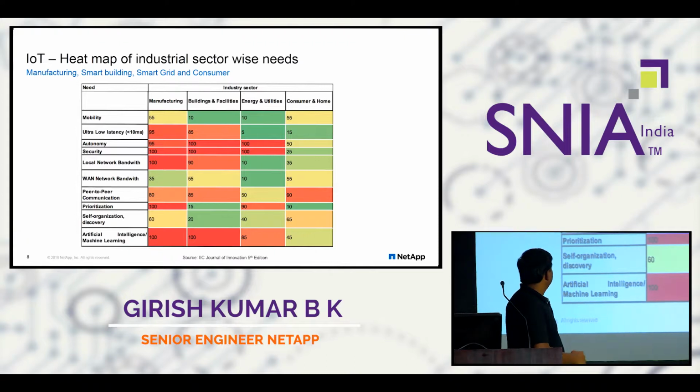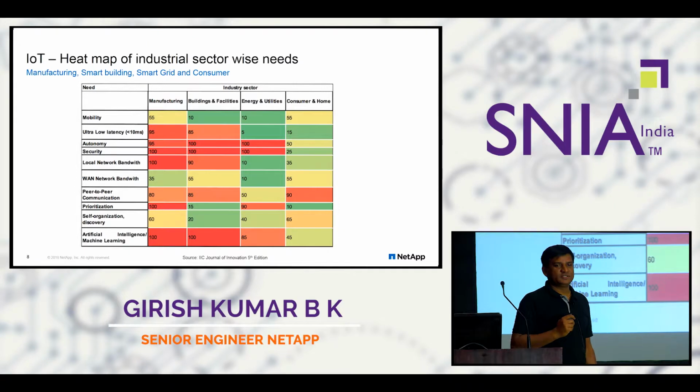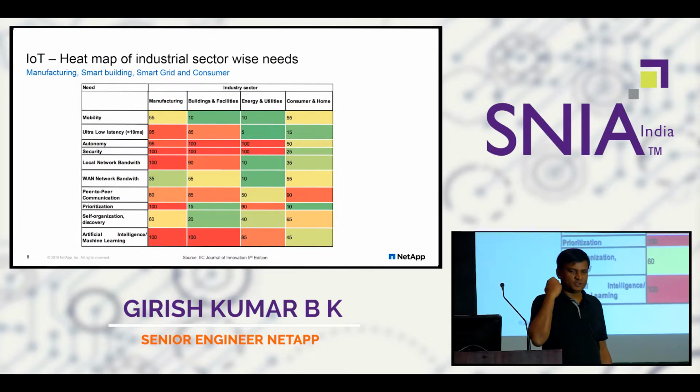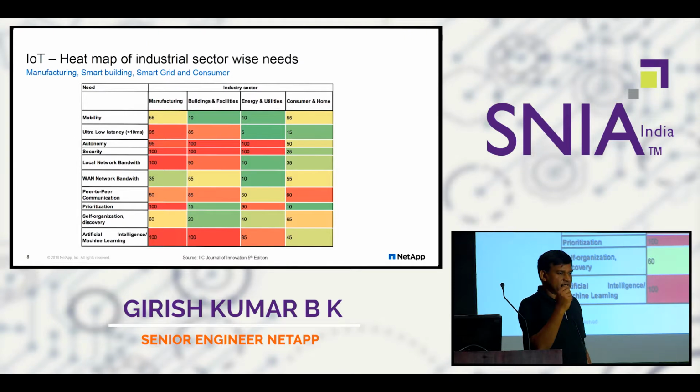Consumers is again less. Autonomy is all about disconnected operations. Any sensing device which is generating a lot of data needs some autonomy to take the calls. In the sense, it need not go to the cloud and come back, because it can't afford to. The physics limits stop it from going to the cloud because it takes a lot of time. That's autonomy: you need to have disconnected operations.